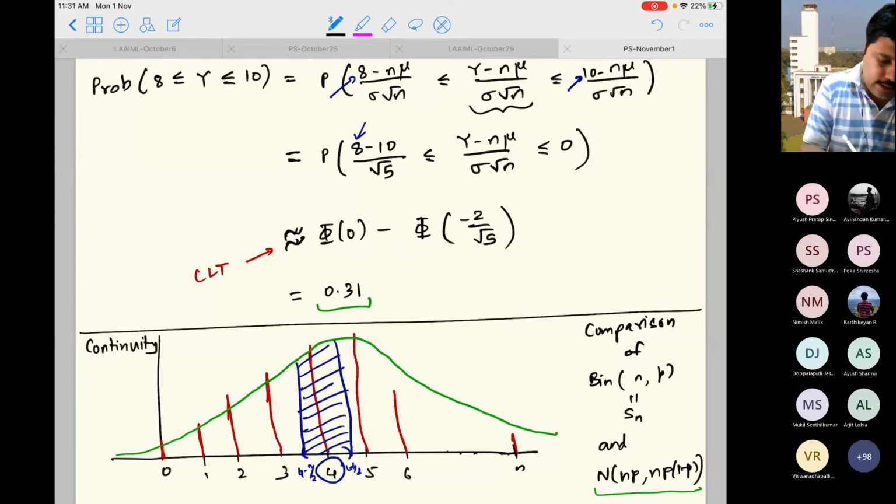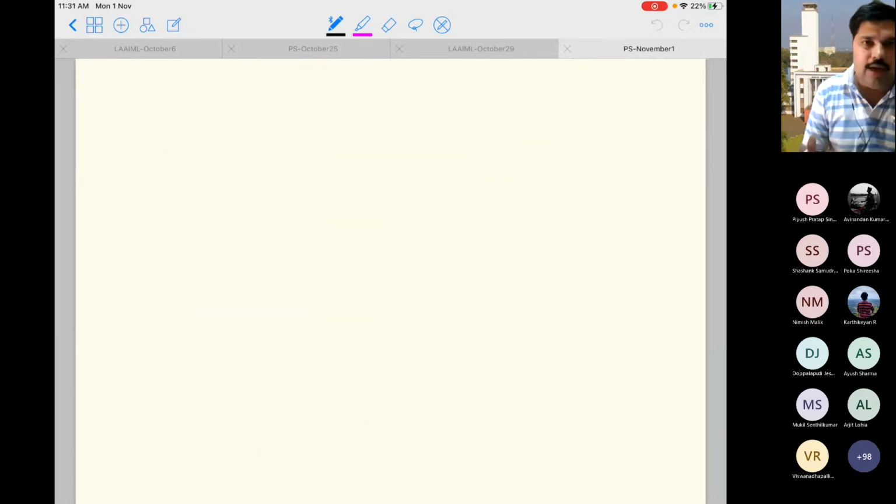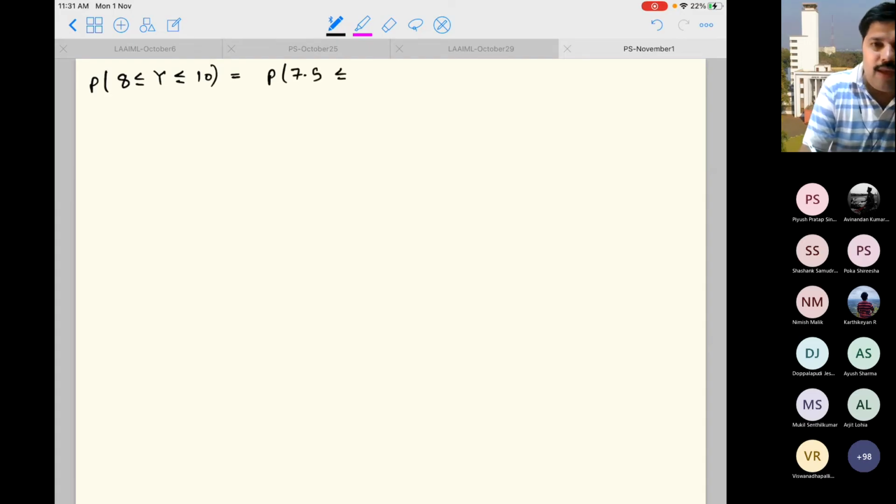Using this continuity correction, the probability that 8 is less than or equal to Y, less than or equal to 10, is the same as the probability that 7.5 is less than or equal to X, less than or equal to 10.5. This does not change anything as far as the discrete random variable is concerned.